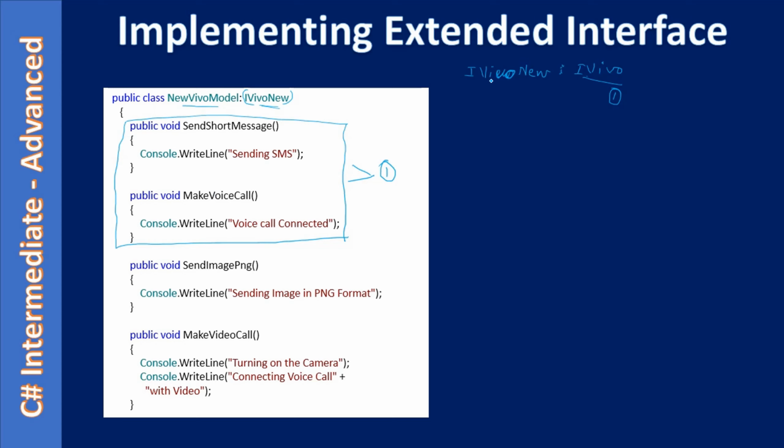IVivoNew exposes two more functions. That means it supports whatever functionality is offered by IVivo, and also it supports sending message PNG and making a video call. So this is the NewVivoModel, so it offers additional functionality.